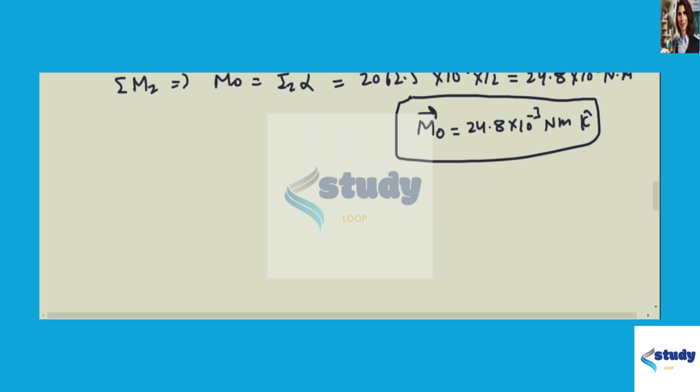Now summation of Mx: minus C Ay is equal to minus Ixz alpha minus Iyz omega square. Omega is 0.